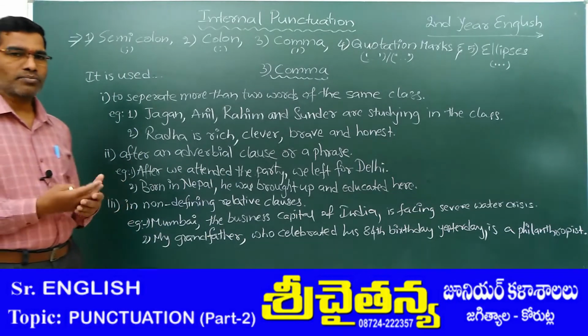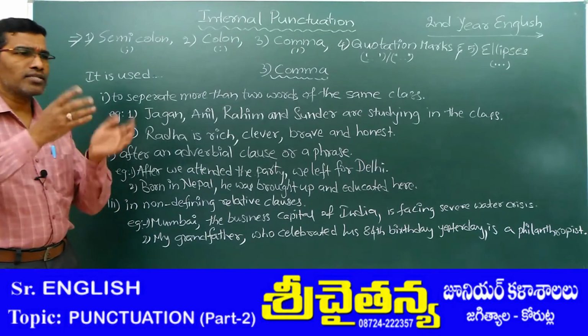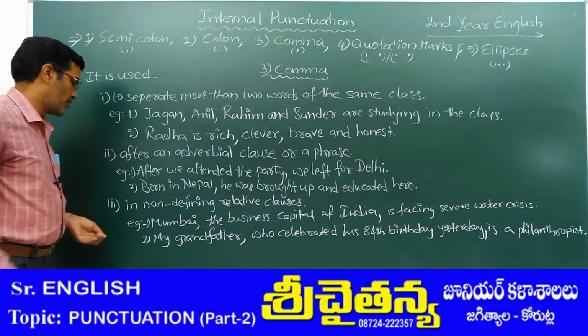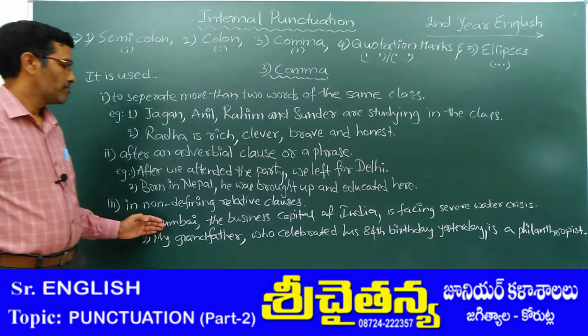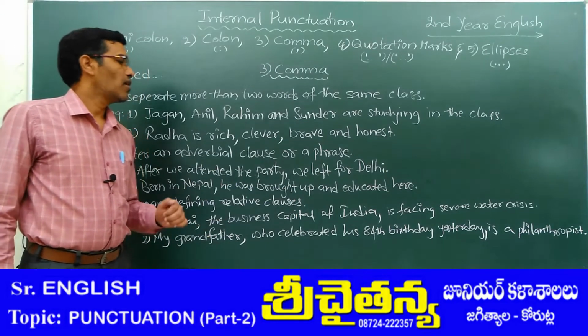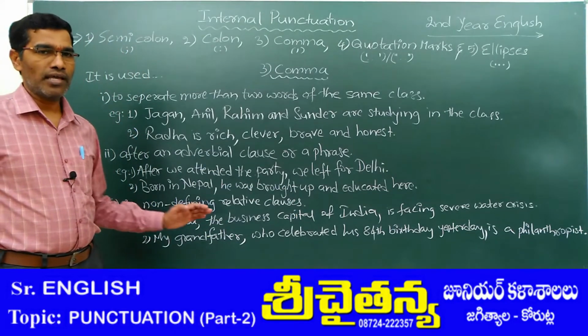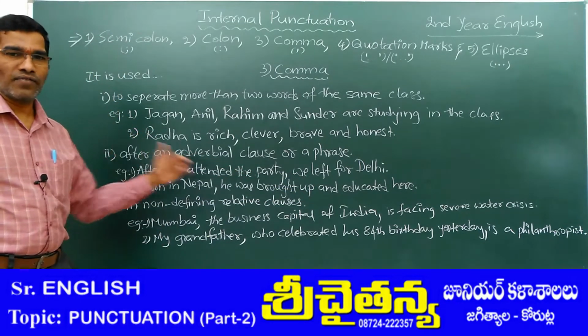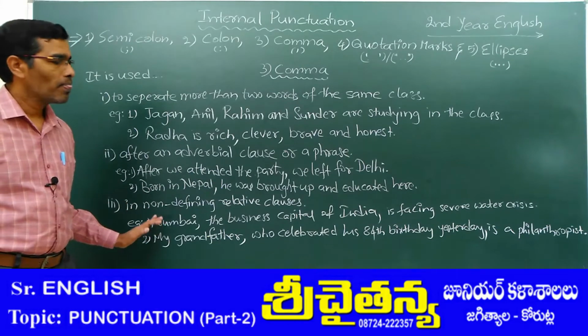Okay. The third use of comma is in non-defining relative clauses. Okay, relative clause means which relates to the word we used. Let's see how it is. Mumbai, the business capital of India, is facing severe water crisis. The business capital relates to, refers to Mumbai, right?